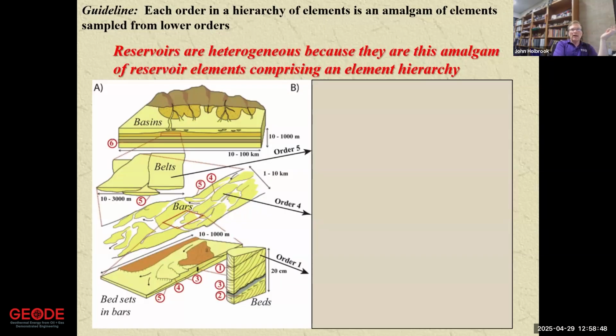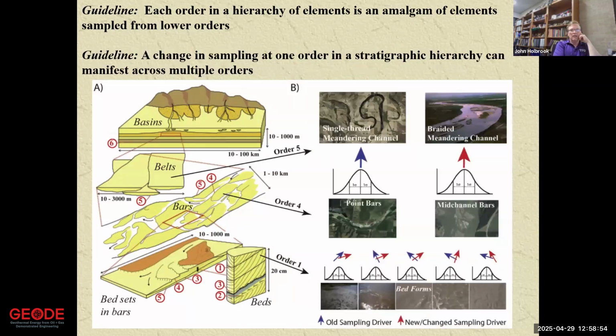So each order in hierarchy elements is an amalgam of the elements sampled from lower orders. Next slide. So a change in sampling at one order of that hierarchy will manifest across multiple orders. Ultimately, the reason you might see, hey, that looks like a meandering stream deposit versus that one looks like a braided stream deposit, is because somewhere along the line, at some order, you've changed the nature of how sediments were sampled.